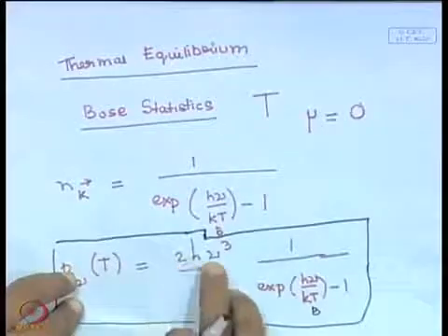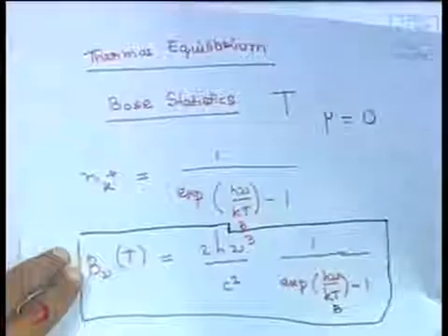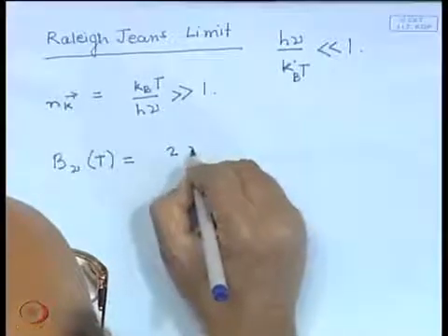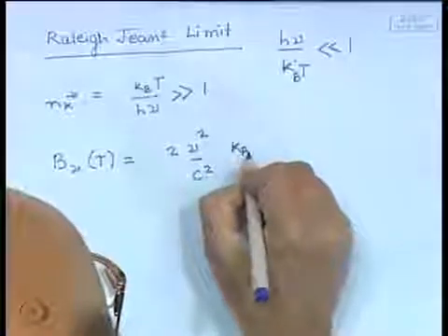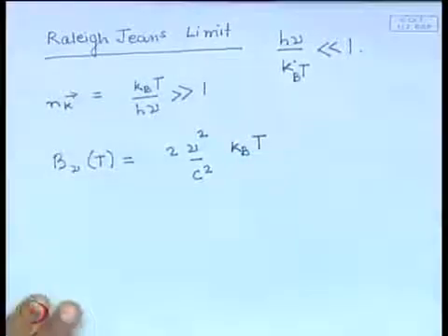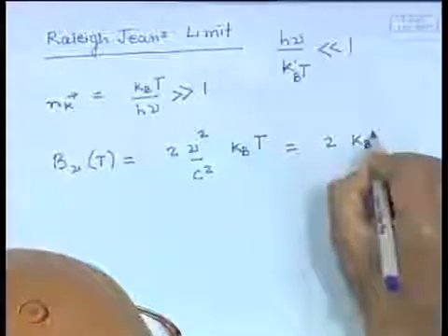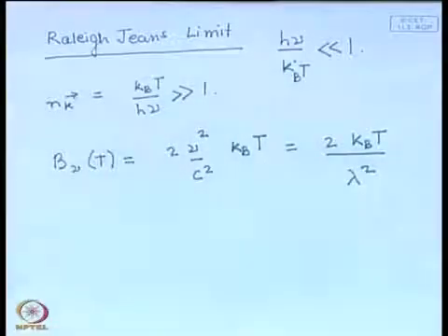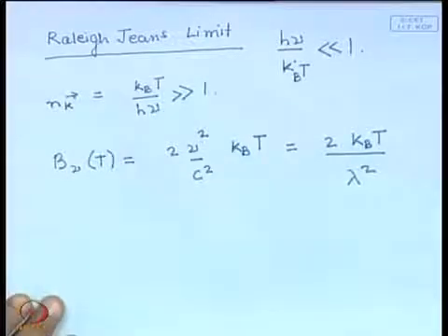So, one factor of h nu cancels out, and what we have is 2 nu square by c square, the Boltzmann constant, into the temperature of the radiation, which can also be written in a form that is quite easy to remember, 2 kBT by lambda square. Okay. So, in the Rayleigh-Jeans limit the Planck function takes a relatively simple form.